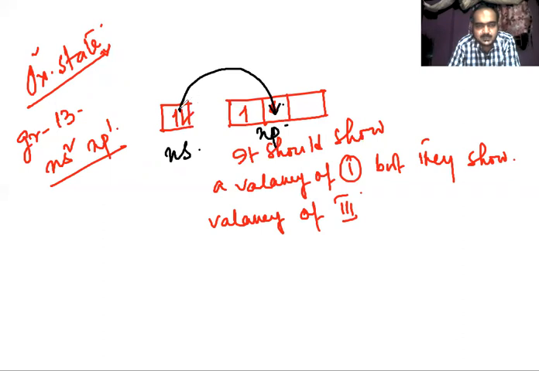Some amount of energy is needed, so the atom becomes unstable in nature. But this is the reason why the electron is jumping from ns to np orbitals.